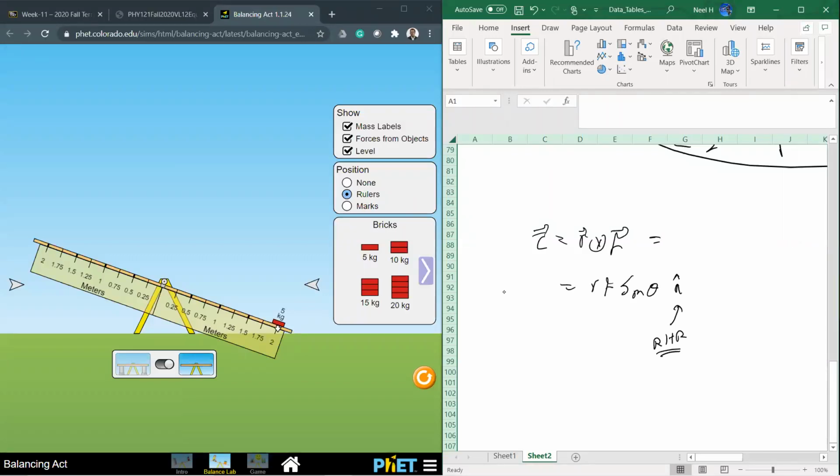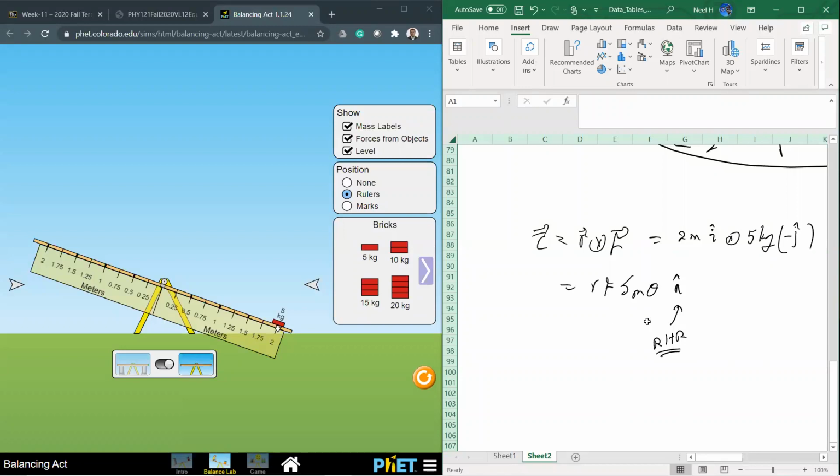Let's say in this case, R is 2 meters, and that is in the positive i hat direction, because you measure R from the center towards where the force is, right? And then the cross product: force is 5 kilogram, and the force direction is negative j hat, right?